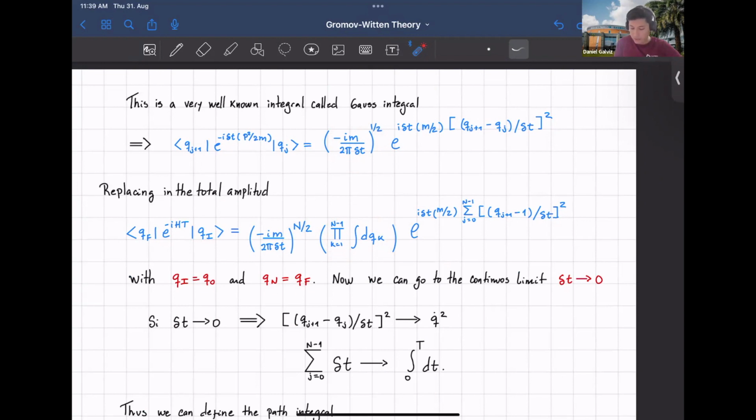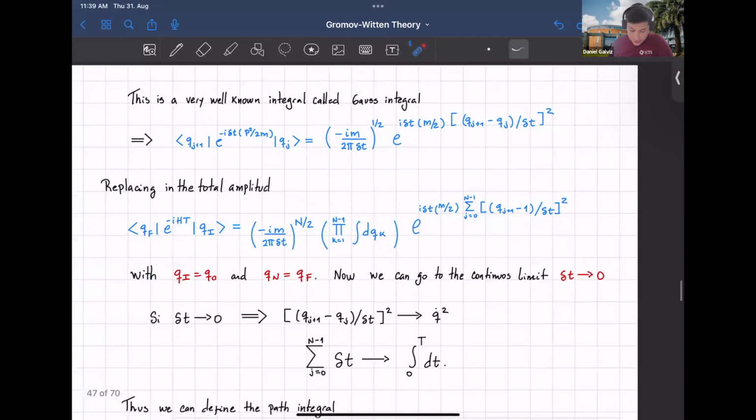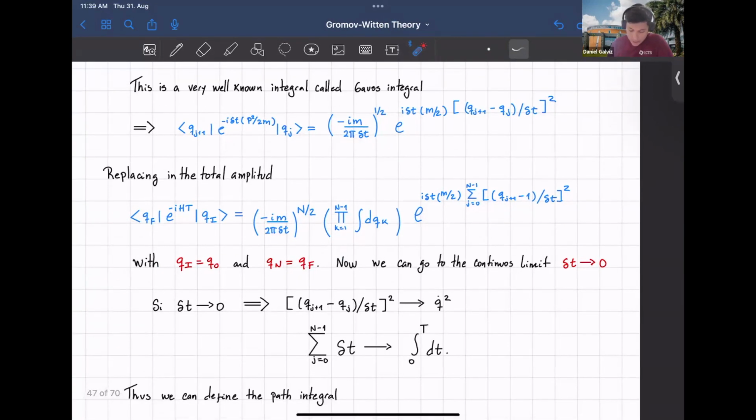And now we can go to the continuous limit, because we say delta t is t over n. If n goes to infinity, then delta t goes to 0. So in the continuous limit, because we want to make these really small segments, delta t goes to 0, and then what we have inside the exponential is just the definition of a derivative.